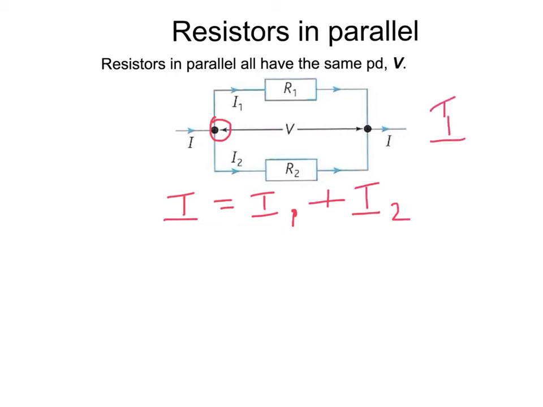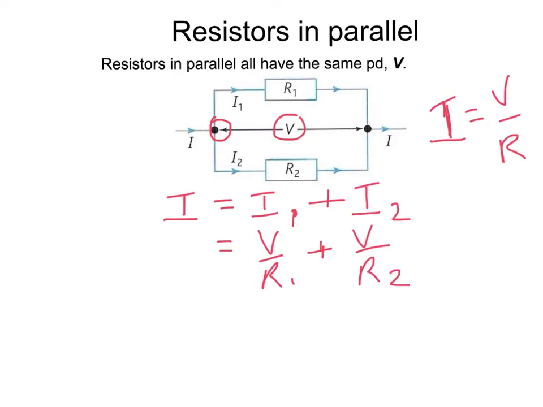Current, of course, is V over R. And for each of those resistors, the voltage is the same. So we have V over R1 plus V over R2.